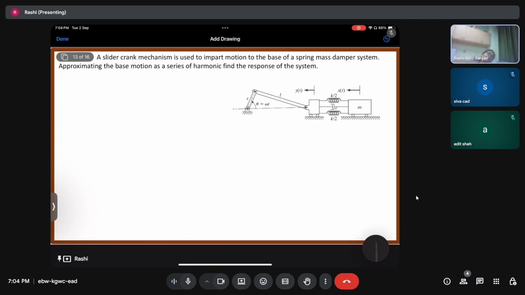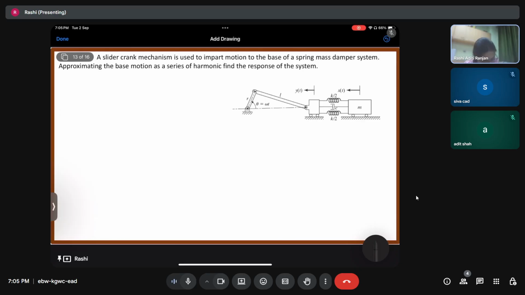Now, if you remember, for a base excitation, the base applies a force to the system because of Kx and C x dot. In this case, x is going to be y, because x is the movement of the mass.